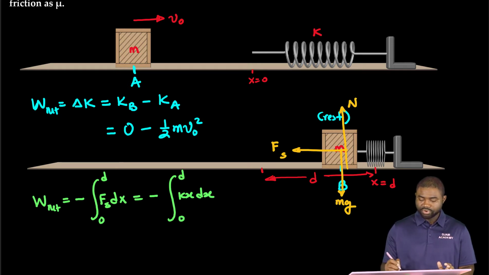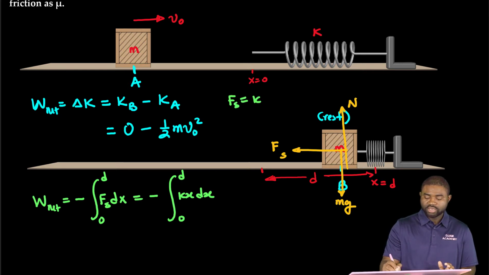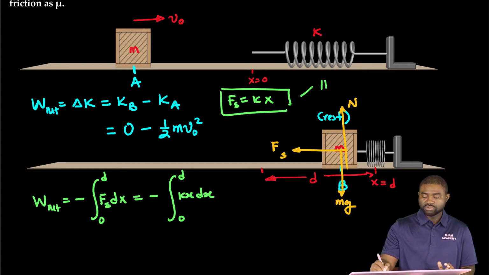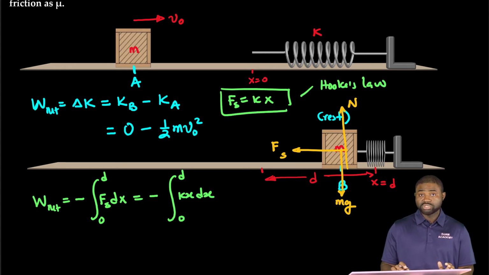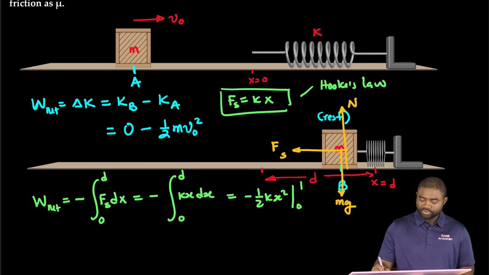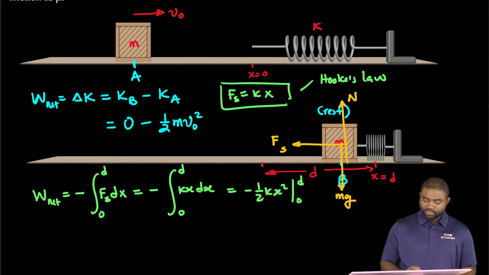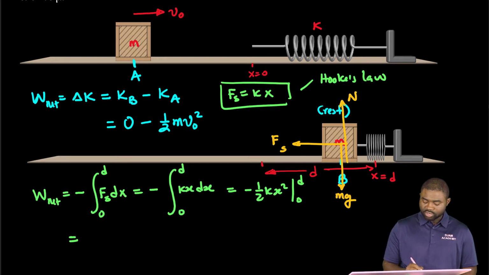Remember that Fs is equal to kx. This is essentially Hooke's law. We dealt with that before. So this will be equal to negative 1/2 k x squared from 0 to d. So the work done will be equal to negative 1/2 k d squared.